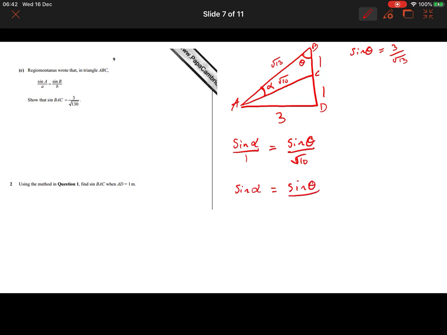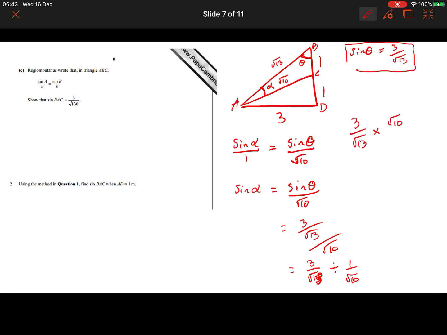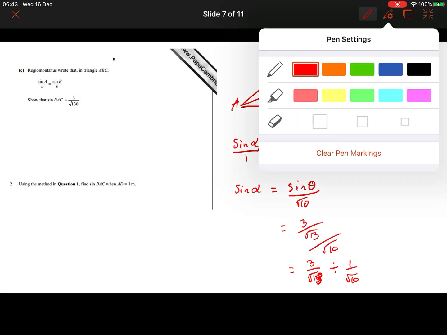So we can now say that sine alpha is equal to, if I multiply both sides by 1, that won't be affected, sine theta over root 10. Now this sine theta is the sine of angle ABD, which we already worked out. We already worked out that that was 3 over root 13, over root 10. Now this is the killer for you guys, is fractions. You've got to remember the rules of fractions. A fraction divided by another fraction, so we flip and multiply.